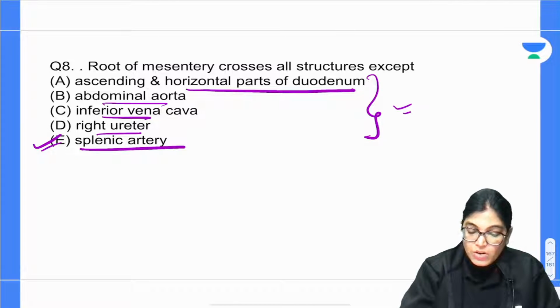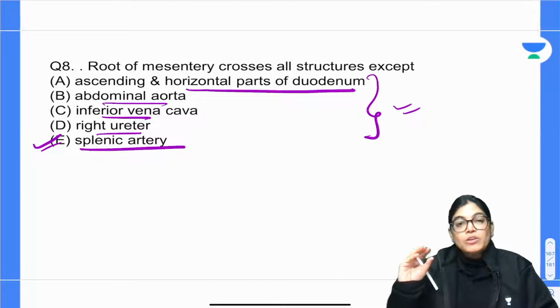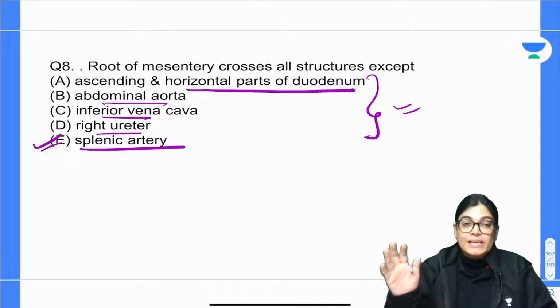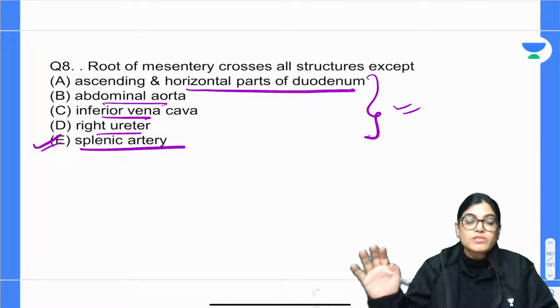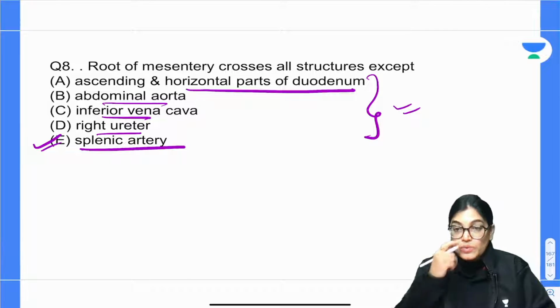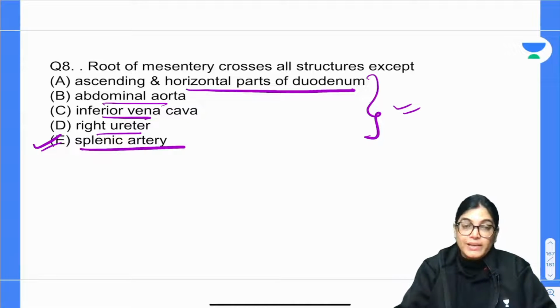All these structures are crossed. The initial part of the ascending part of the duodenum is also crossed, but the splenic artery is not crossed by the attached margin of the mesentery, which extends from the duodenojejunal flexure and approaches the right iliac region near the sacroiliac articulation. So splenic artery is the correct answer.